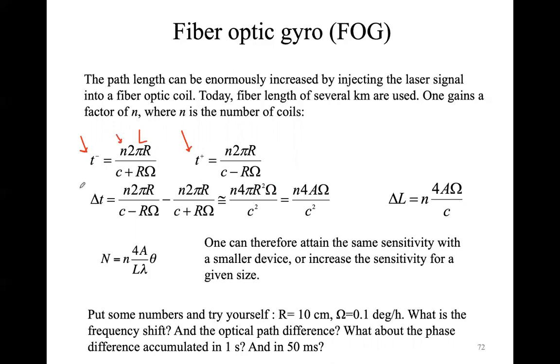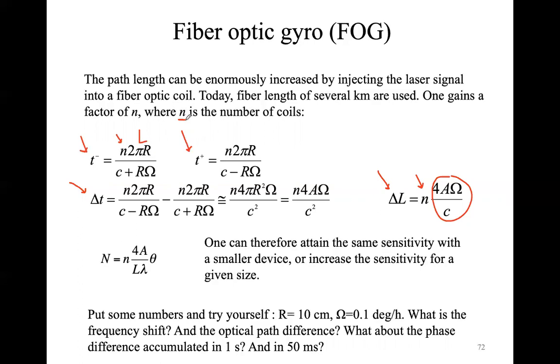If you do the delta t, the same exact formulation that we have seen before, you can see that the optical path at the end will not be only 4a omega over c, but will be increased by the number of coils. So this is not the refractive index, this is the number of coils. Do not be confused with what we have seen before with n.